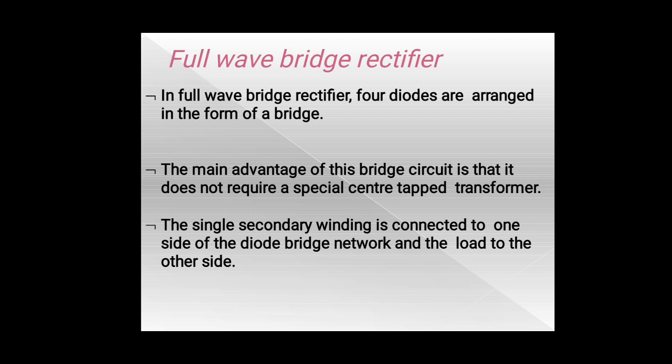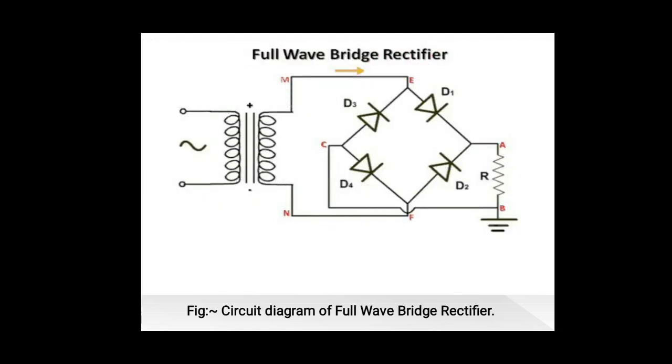The single secondary winding is connected to one side of the diode bridge network and the load to the other side. See diodes D1, D2, D3 and D4. Four diodes are connected in the form of a bridge, and hence the name full wave bridge rectifier.